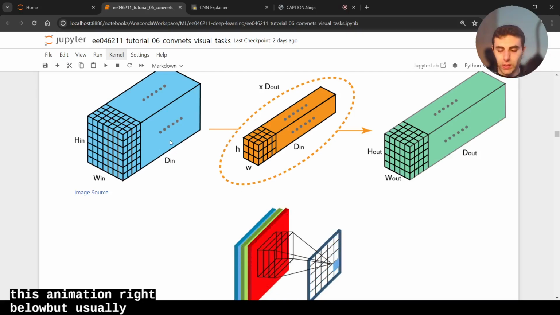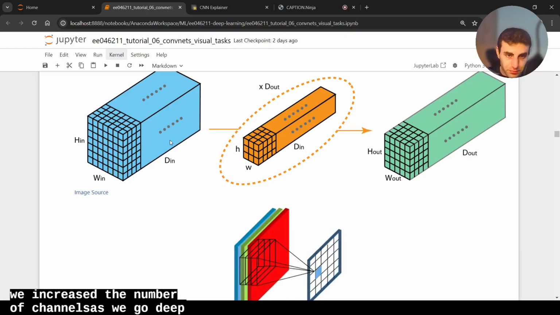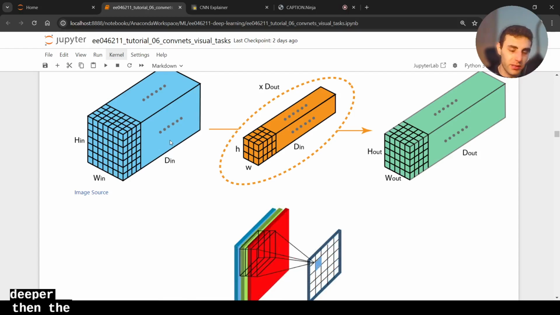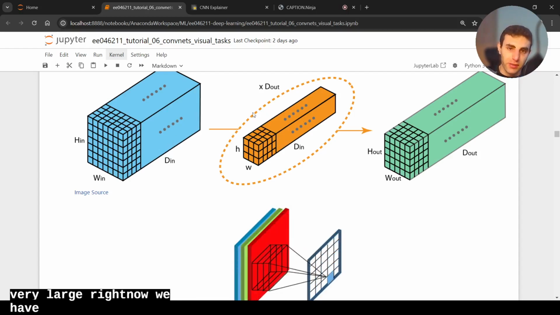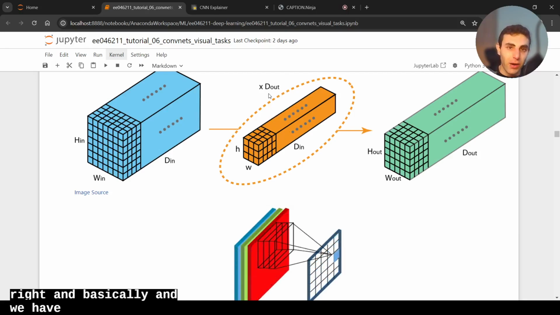But usually, since we increase the number of channels as we go deeper, D-in can be very large, right? Now we have this filter here, and basically we have D-out filters.